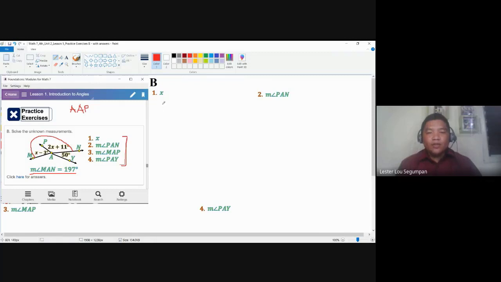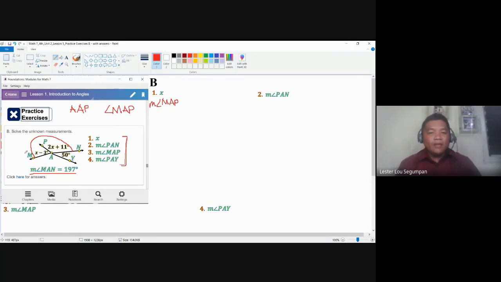So to solve for x, we're going to use that concept for the measurement of angle MAP. If we talk about solving measurements, we use this notation because if we don't have that notation and simply say MAP, this is an angle, not the measurement. We can't add angles, but we could add their measurements. That is why it's important for us to have this. Let's go back here.